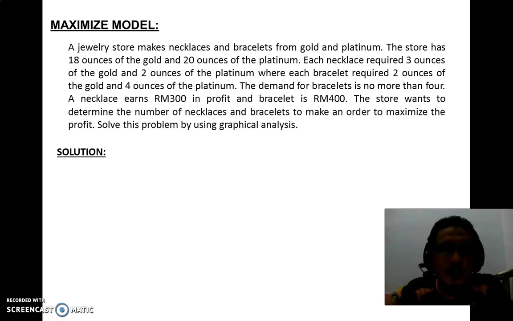A jewelry store makes necklaces and bracelets from gold and platinum. This is one of the problems. The store has 18 ounces of gold and 20 ounces of platinum. Each necklace requires 3 ounces of gold and 2 ounces of platinum, whereas each bracelet requires 2 ounces of gold and 4 ounces of platinum.